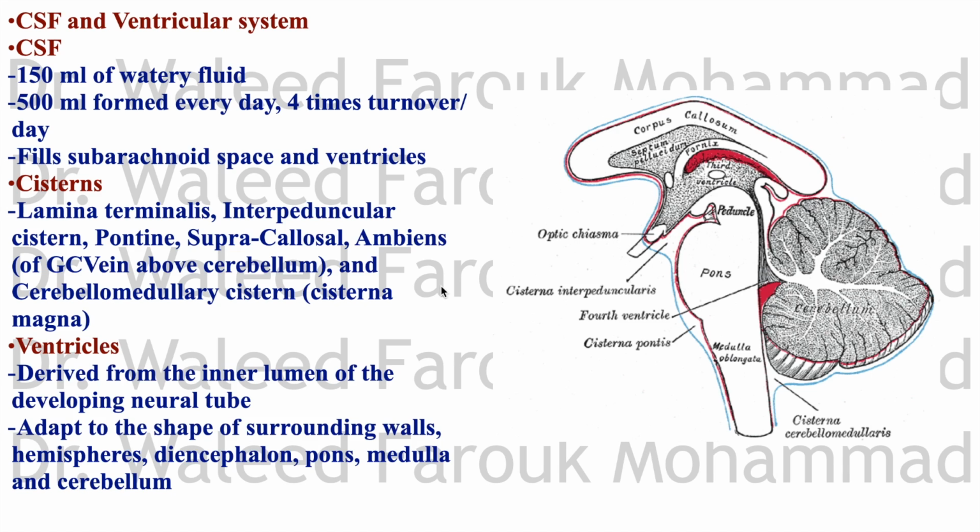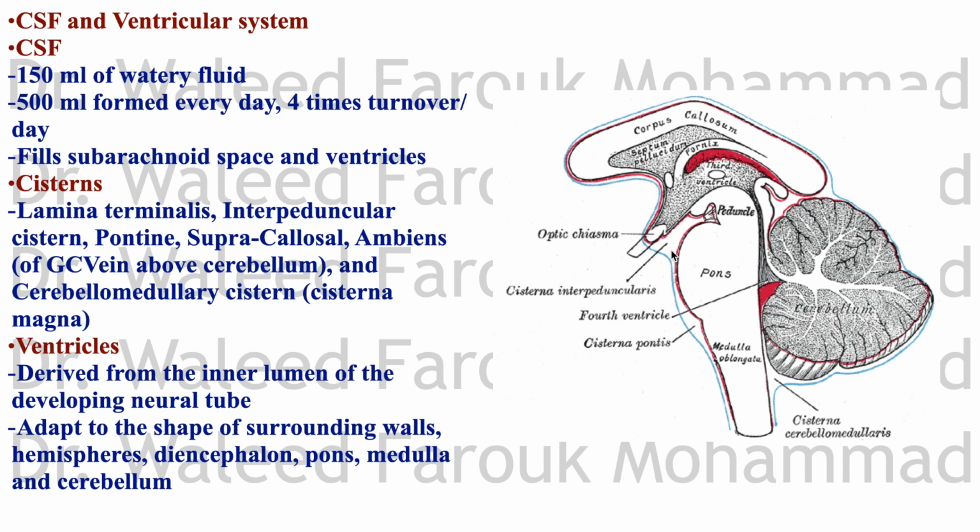Now there are localized collections of CSF other than the ventricles called cisterna. One of them is at the lamina terminalis. One of them is between the crus cerebri or the cerebral peduncles.